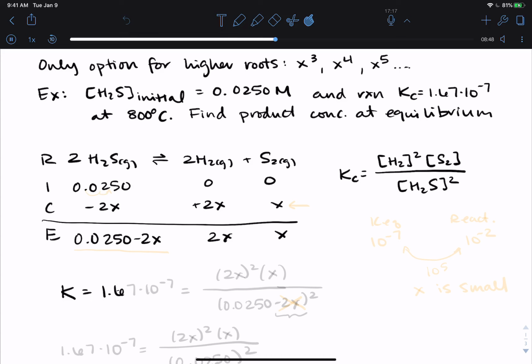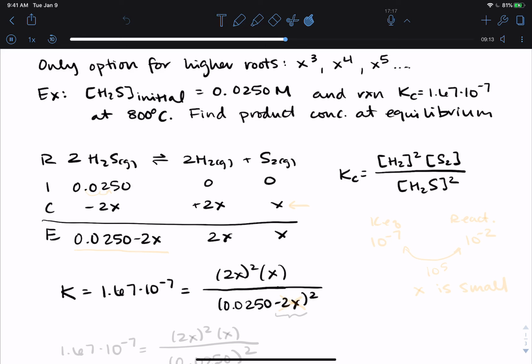So when I plug the equilibrium row into this expression, my 1.67 times 10 to the minus 7th equals 2x, that whole quantity squared, times x, which doesn't need parentheses, but sometimes it helps me keep things clear, and 0.250 minus 2x, this quantity squared.